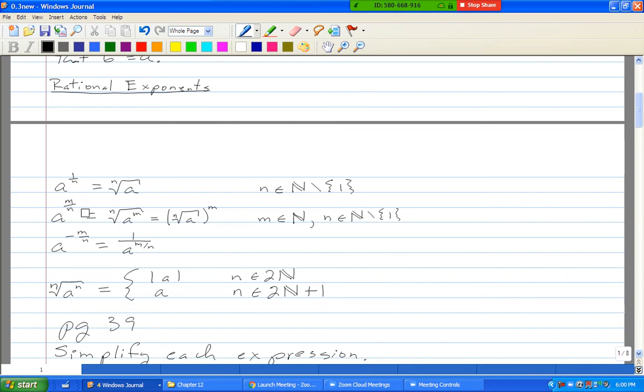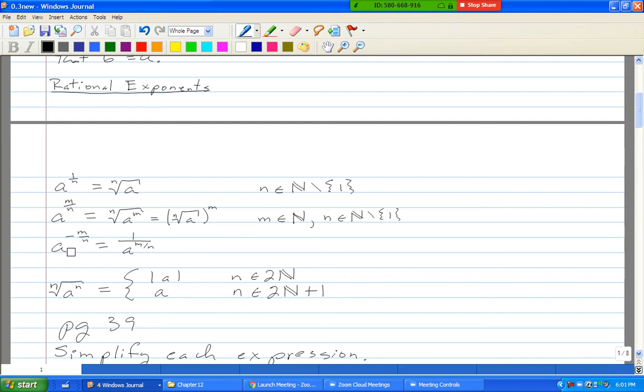If m and n are natural numbers, then a to the power m over n is defined as the nth root of a to the m, or similarly is defined as the nth root of a to the power m, so long as n here is not equal to 1.